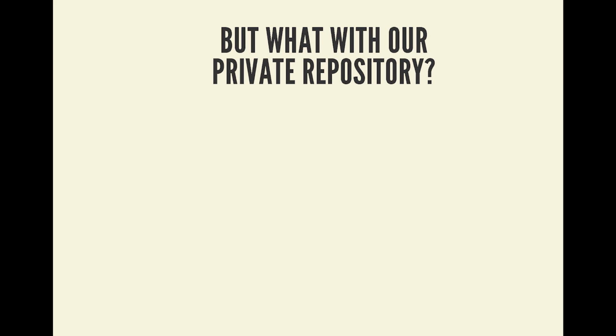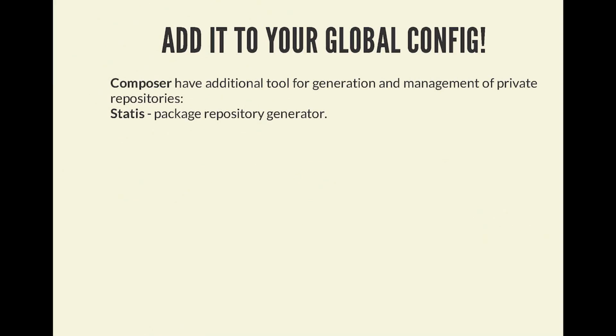Let's say you have a private company repository which holds private stuff that you will never show to the wider community, like some stuff about invoicing, about something for a client, yet it's used in many internal projects. You can simply add this to config. And Composer allows you to generate such a thing to manage those private packages.